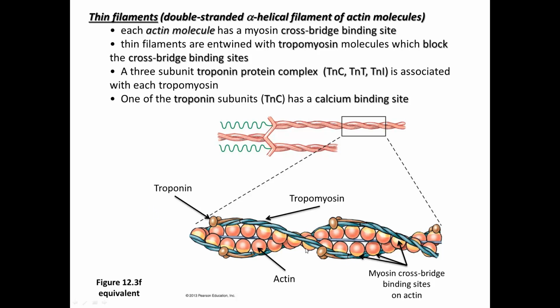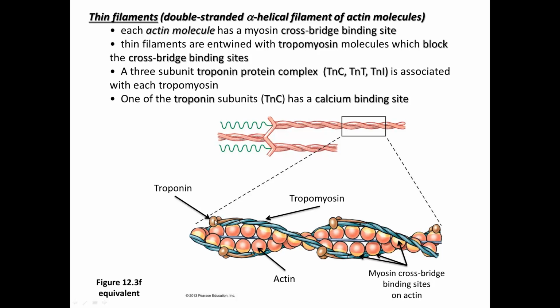It's sitting on top of these actin monomers, and the actin monomers have been drawn in such a way as to have 2 different colors, one a little golden, one probably a little redder. Troponin and tropomyosin are sitting right on top of that gold patch on the actin. This is where myosin needs to bind to actin in order to make force. So, from this position, the troponin-tropomyosin complex is in the way.